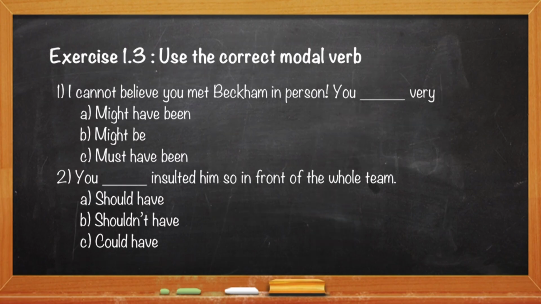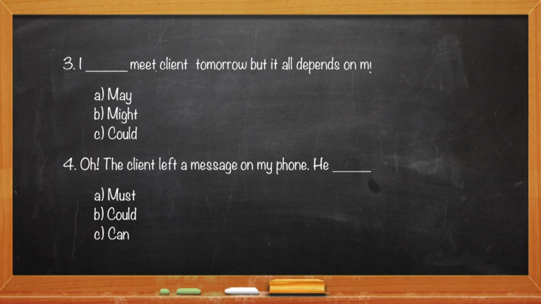Now, use the correct modal verb here in these exercises. One: I cannot believe you met Beckham in person. You dash very excited. Might have been, might be, must have been. Two: You dash insulted him in front of the whole team. Should have, shouldn't have, could have. Three: I dash meet the client tomorrow, but it all depends on my schedule.